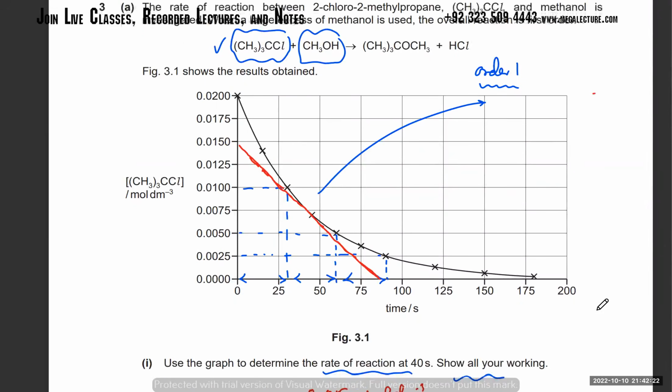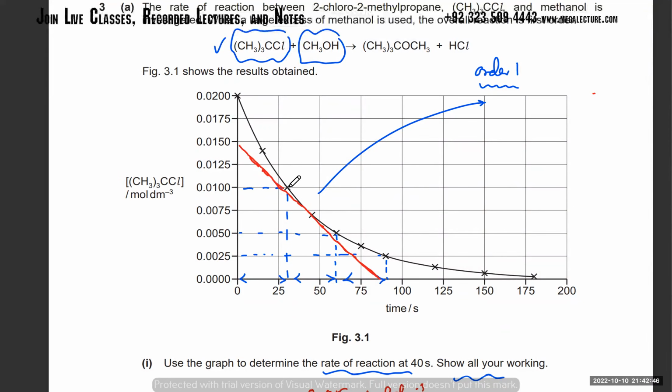But sir, if you had to do a rough sketch of the second order reaction, what would it look like? The rough sketch would be, let's say, that's your half-life, right?